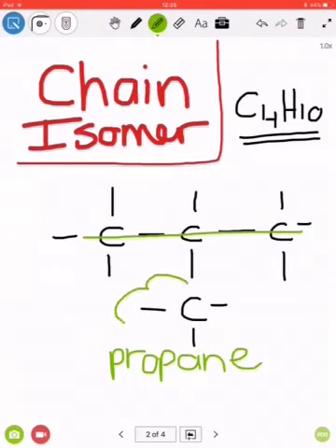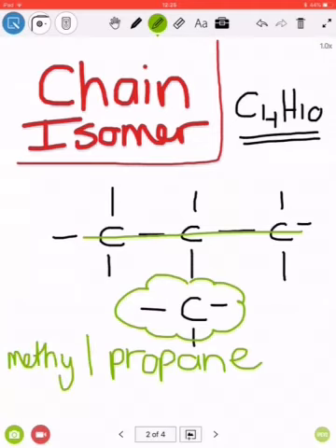But then this here becomes a group that's hanging on, so a side chain. So it will be 2-methylpropane. Couldn't be on anything else, so it's actually just methylpropane. So if you name the compound and it still has the same name, then you must realize that it actually isn't an isomer and it is the same molecule.